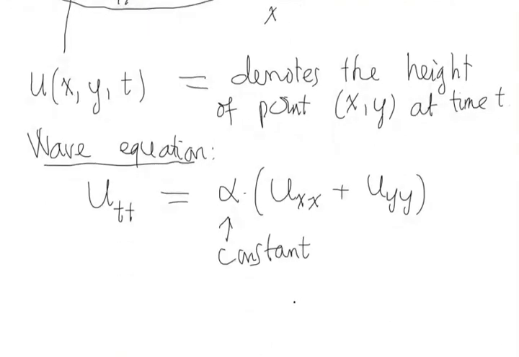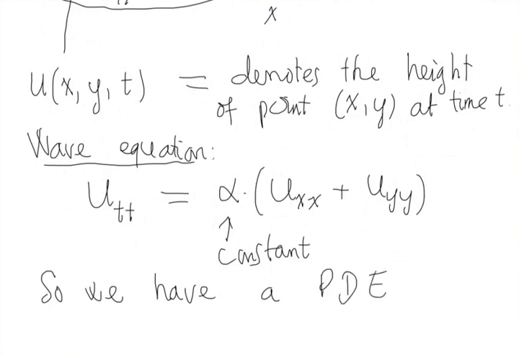This is a differential equation. The unknown is u, which depends on three variables, x, y, and t. So we have a PDE, a partial differential equation in this case.